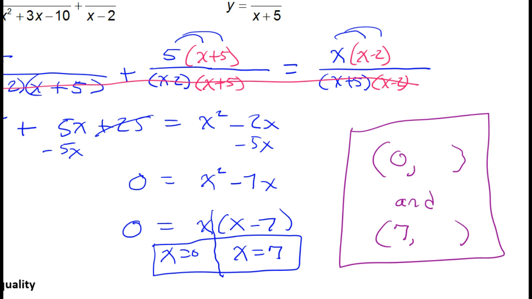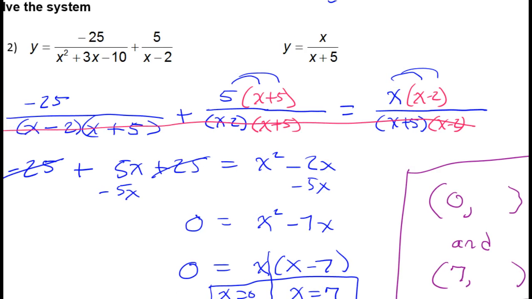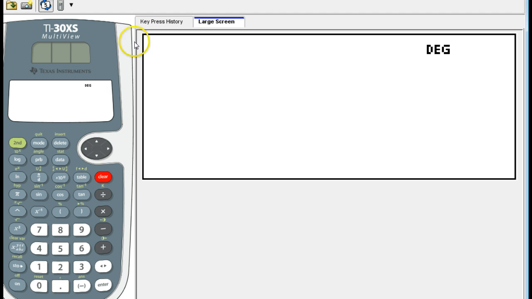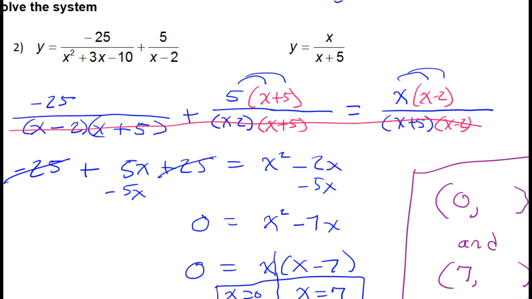So what you do is, we're going to use our TI-30 XS MultiView. Take one of the two original problems and put it in the table feature of your calculator. I'm going to use this one because it's much simpler. So we hit the table button, and let's type in x over x plus 5.